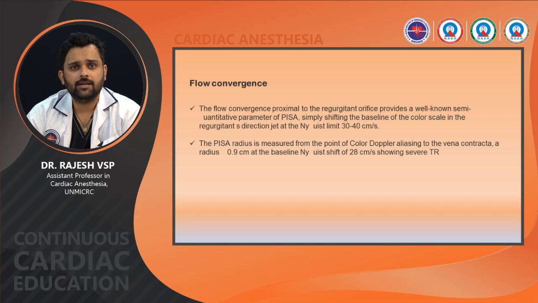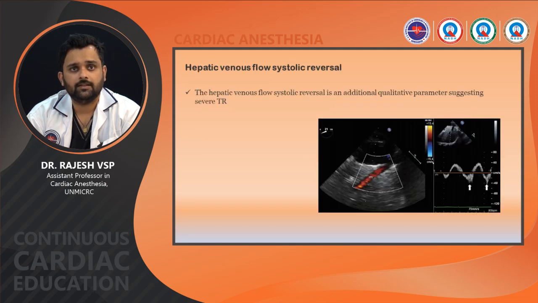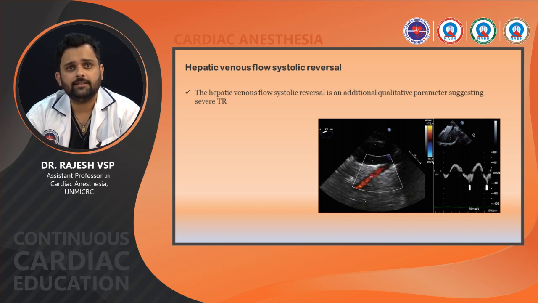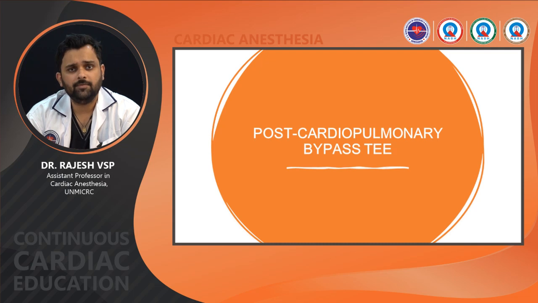A radius more than 0.9 centimeters at the baseline Nyquist limit of 28 centimeters per second shows severe TR. Coming to the hepatic venous flow, systolic reversal is an additional qualitative parameter suggesting severe TR.